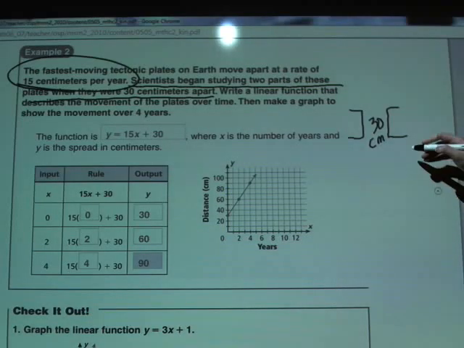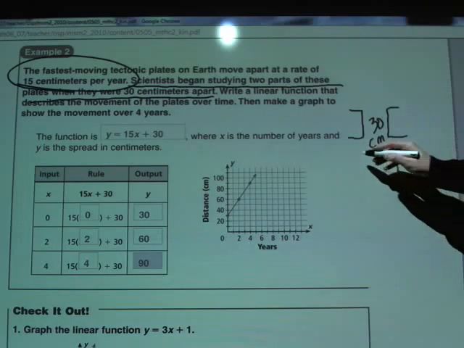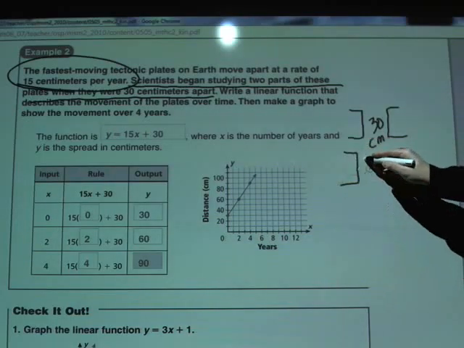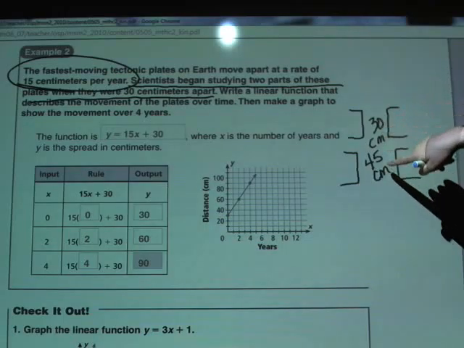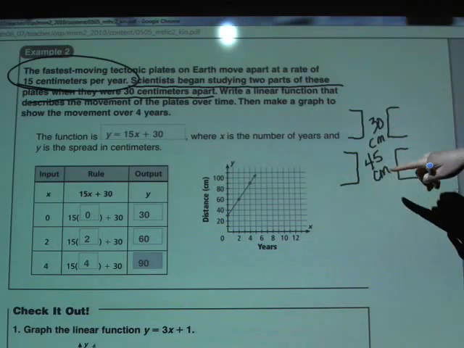So after the first year of studying, the plates are now going to be 45 centimeters apart. Why? Well, they added 15 more centimeters of distance between the 2. They were already 30 centimeters apart. Add another 15 at the end of year 1 is how I get to 45.